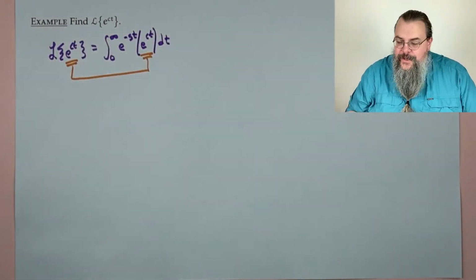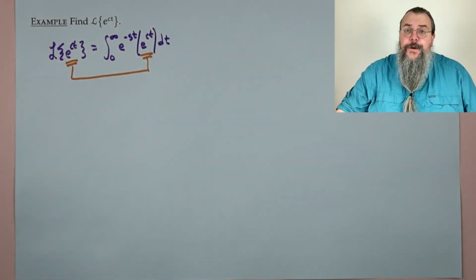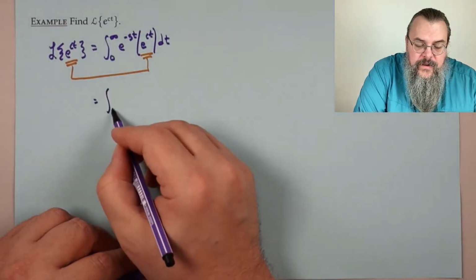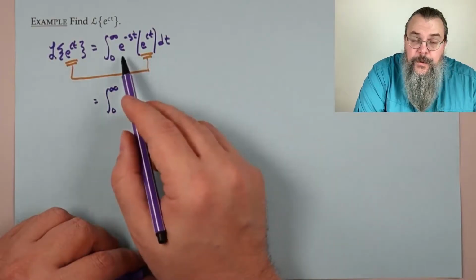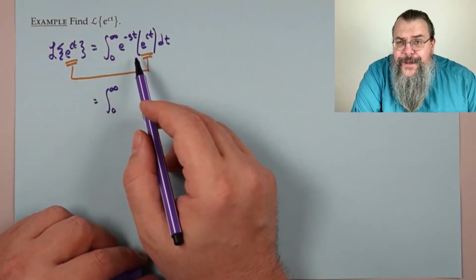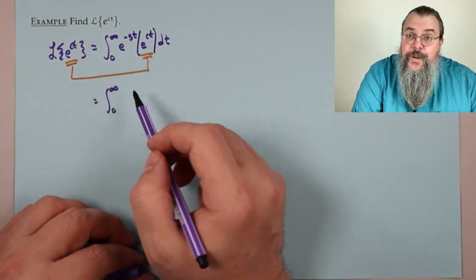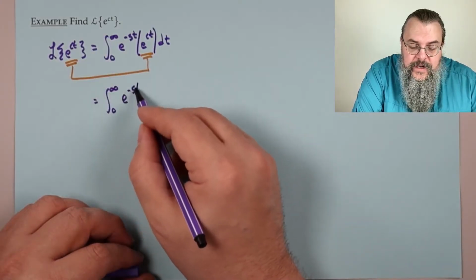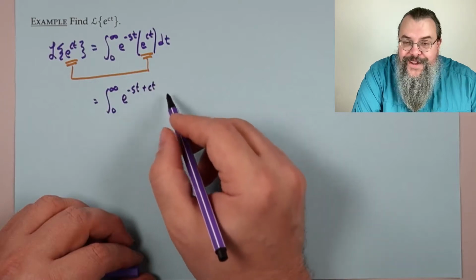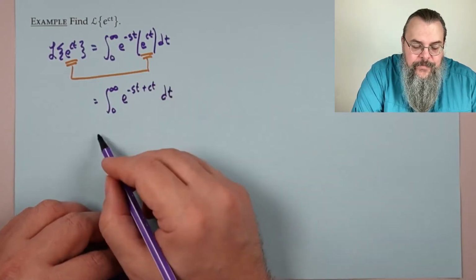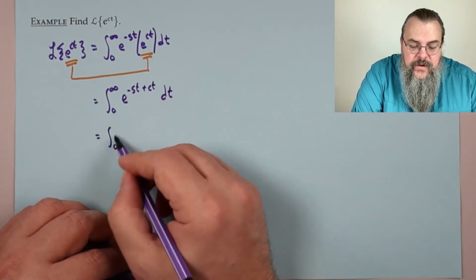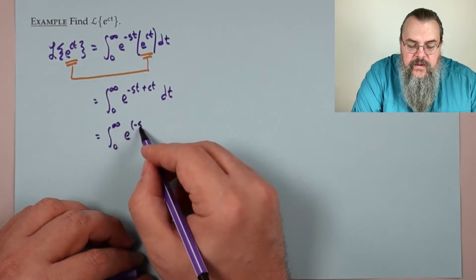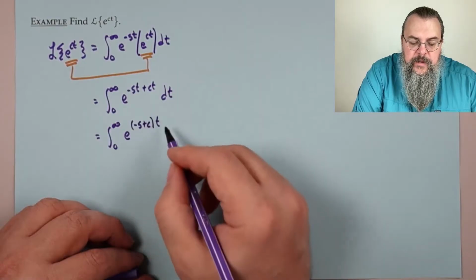Okay, good. Now, we work on the integral. So this becomes integral 0 to infinity. Well, we can combine, right? We have e to the something times e to the something, and their powers combine. So e to the minus st, and here you add, not multiply, add, and so integral 0 to infinity of e, and we'll write this as minus s plus c times t.